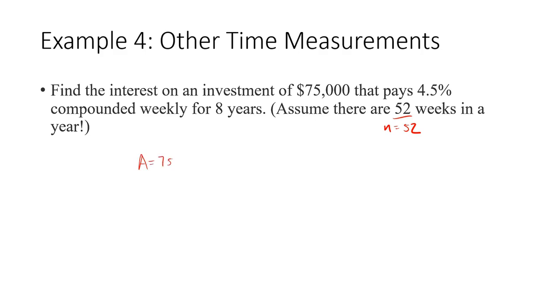So the future value is $75,000 times 1 plus 0.045, the interest rate, divided by 52, raised to the power of 52 times 8 for 8 years.